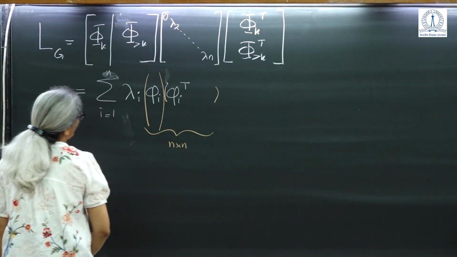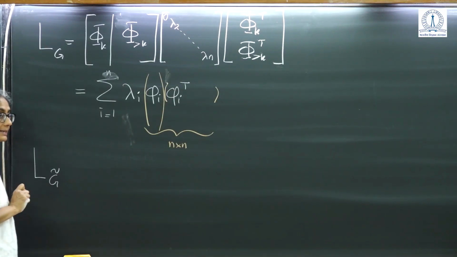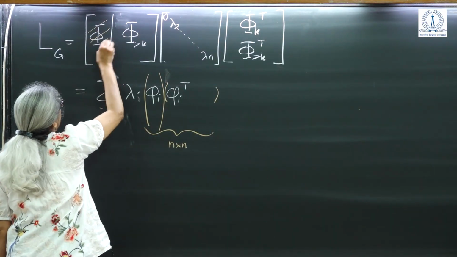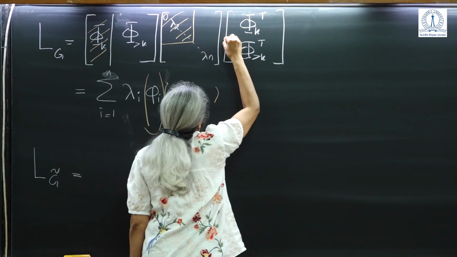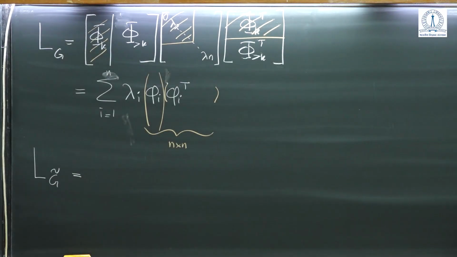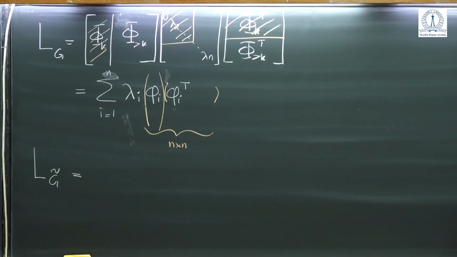So what we want to do in the new one, if I want to construct L of G tilde, I want to preserve this much, right? I want to preserve this part. I want to preserve up to the kth piece. So these are the things I want to freeze. And I want to allow freedom in all the parts I didn't shade, okay? So that means from this expression, I can pull out the first k piece and freeze it and say, okay, I'm allowed freedom in the rest.